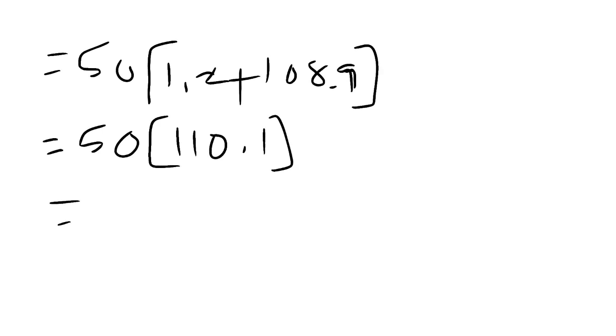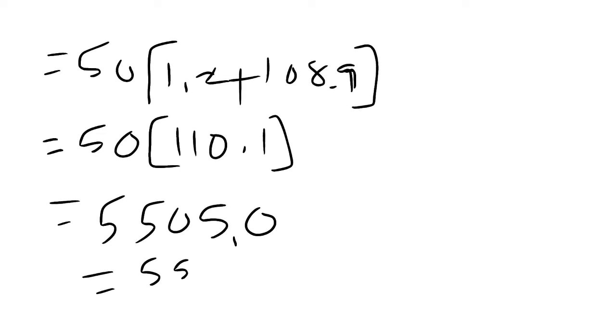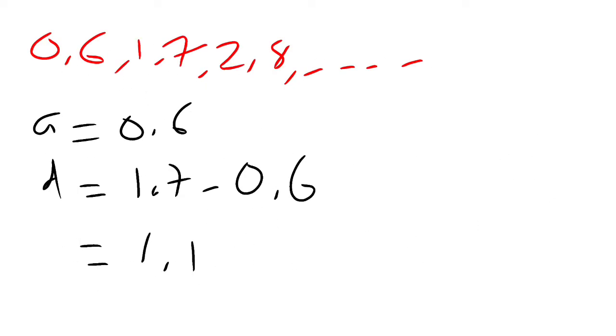So let's multiply with 50. 5 into 1 is 5, 5 into 0 is 0, 5 into 1 is 5, 5 into 1 is 5, and then 0. So then here you will get the 0 and 1 decimal point. So 5505 is the sum of the first 100 terms in the given AP.